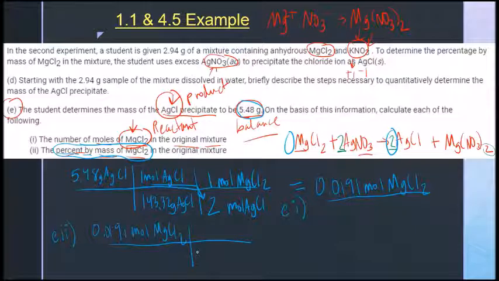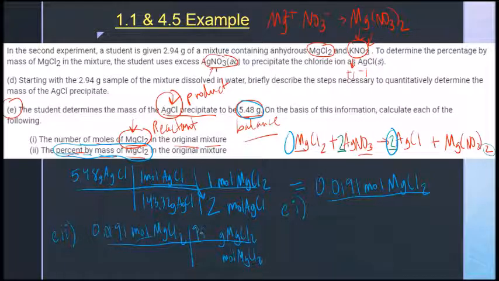Okay, if you remember from the previous part of the question, we already found the molar mass of magnesium chloride, which is 95.2. Oops, that doesn't go there. I didn't do my diagonal down right. Let's do the diagonal down right. What goes on the bottom? Moles go on the bottom. So the grams must go on the top.